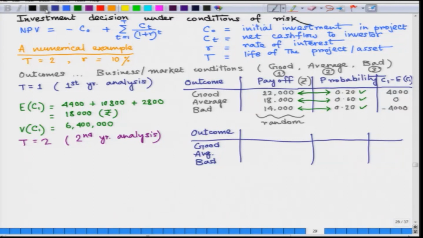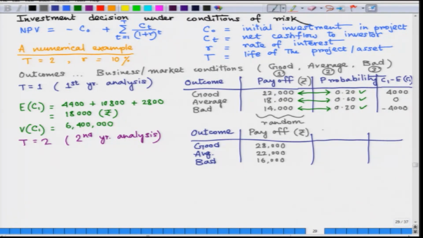Then we have payoff, in Indian rupees, and the payoffs this time will change, it is a different year. So, let us assume different values, 28,000, 22,000 and 16,000.